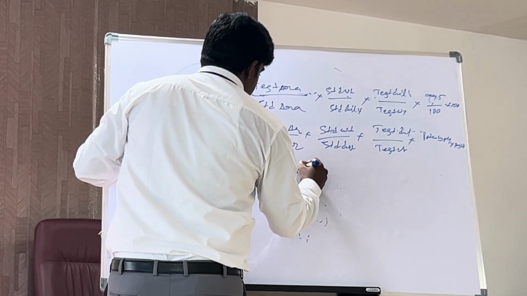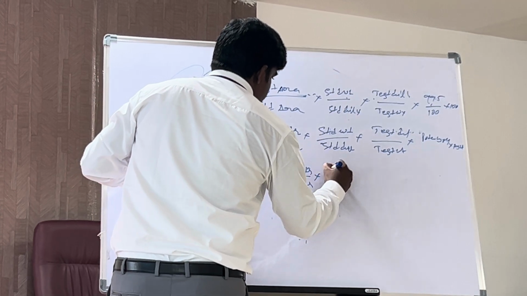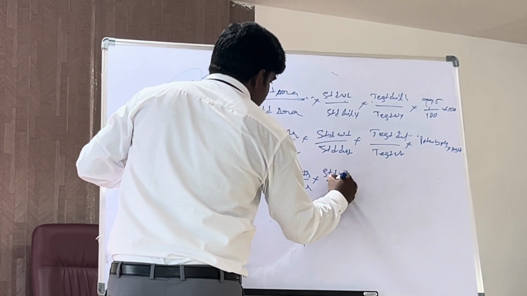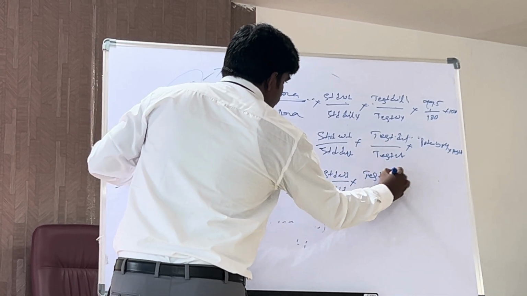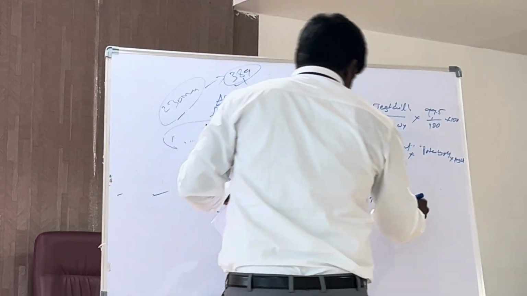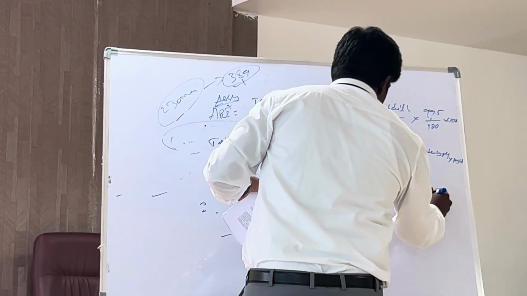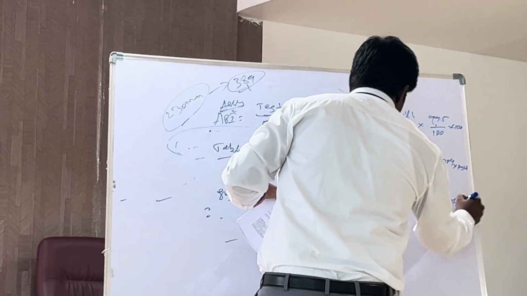Test area divided by standard area into standard weight divided by standard dilution into test dilution divided by test weight into weight per ml into average weight into potency, potency unit of course.